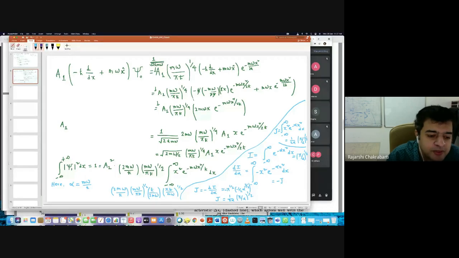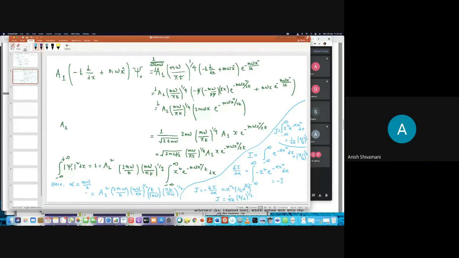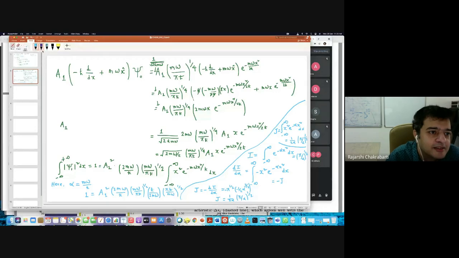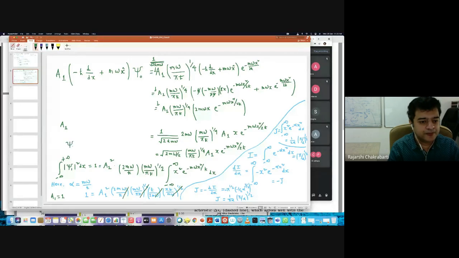So basically this is quite nice, no? Why is it nice? A1 is unity. So the way it is done, A1 is unity, so you can cross everything. A1 is 1. And now I know the solution. So basically I know that psi1 is going to be this one.